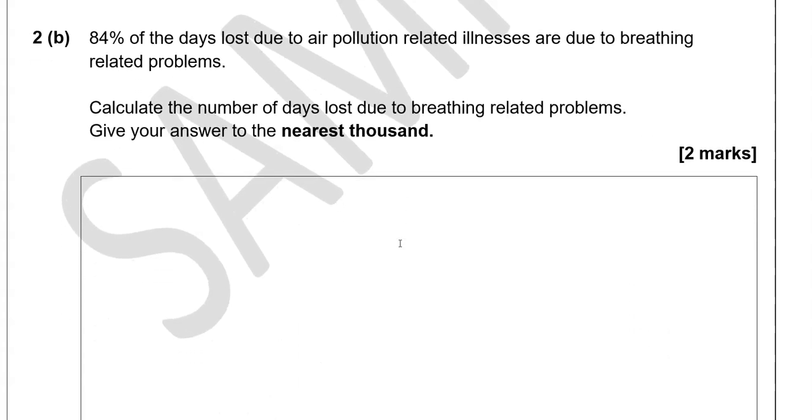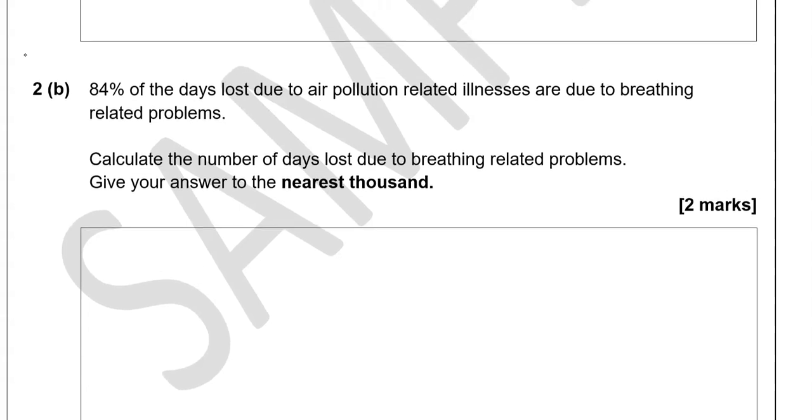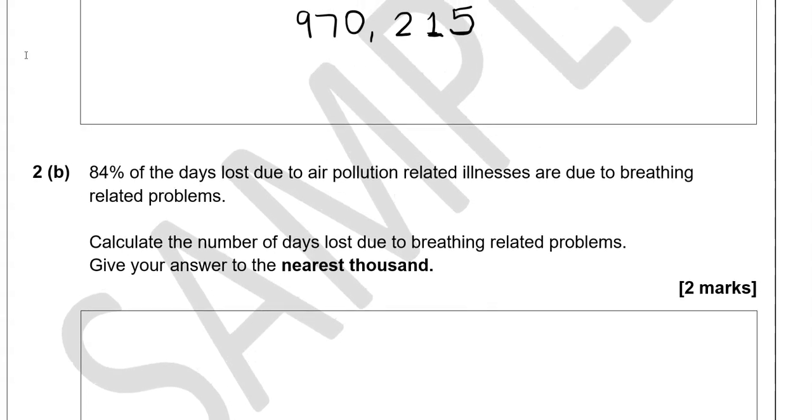84% of the days lost due to air pollution related illness are due to breathing related problems. Calculate days lost due to breathing related problems. Give your answer to the nearest thousand. So it's 84% of 970,215.